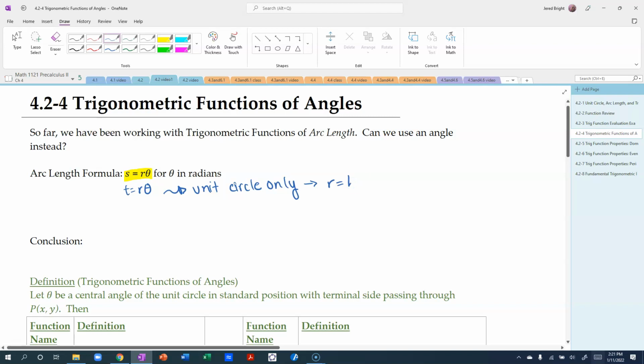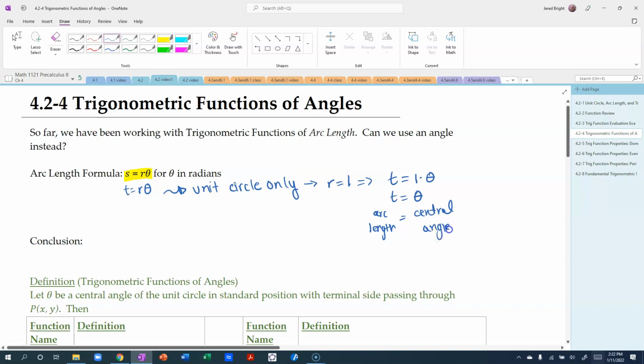What does our equation become then? Oh, well, we get T is equal to 1 times theta, or T is equal to theta. And now we just have to remind ourselves, what is theta exactly? Okay, so T, we were using to represent arc length, rather. And theta, in this arc length formula, that was the measure of our central angle.